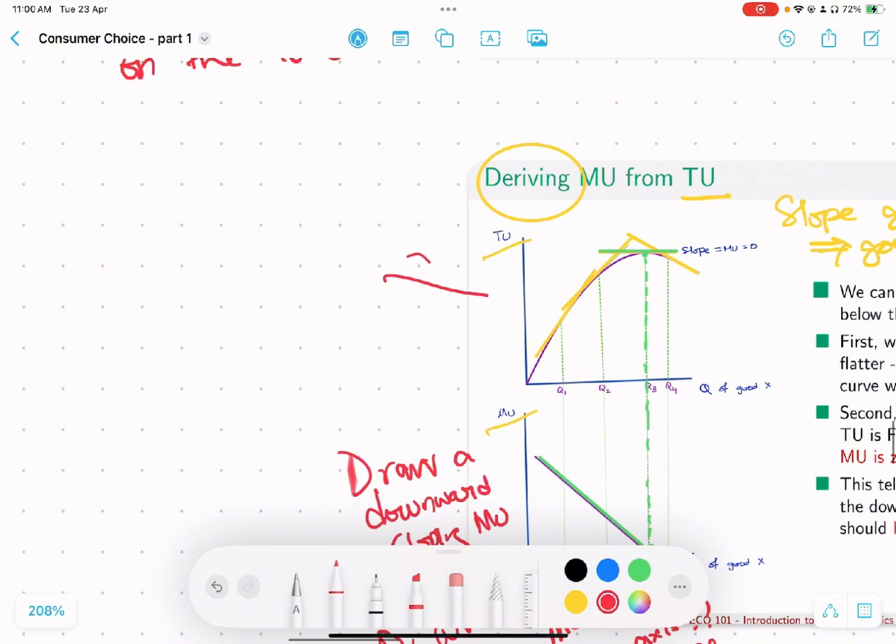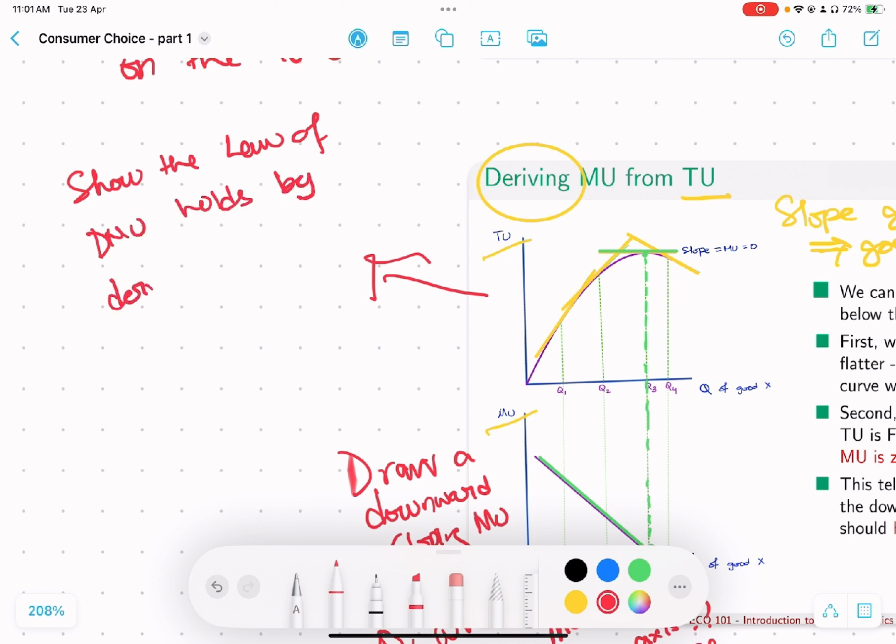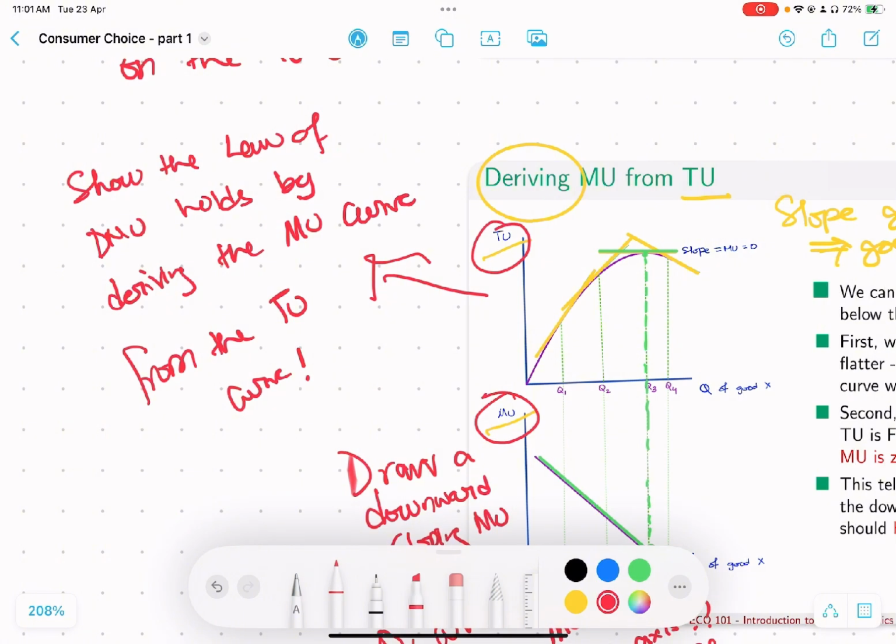And here, the question is something like, show the law of DMU holds by deriving the MU curve from the TU curve. Two ways of asking the same question. I'm asking you to tell me about the law of diminishing marginal utility graphically. One of them is on the TU curve itself, can you show me that the law of DMU holds? And the other one is, hey, can you do a derivation for me? Can you derive the MU curve from the TU curve?